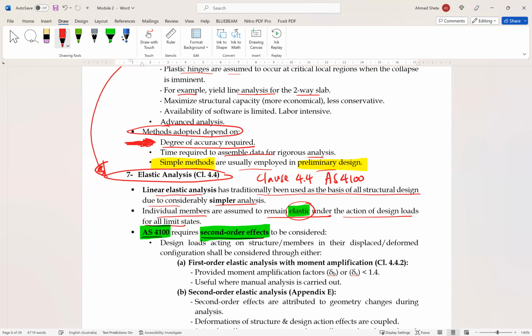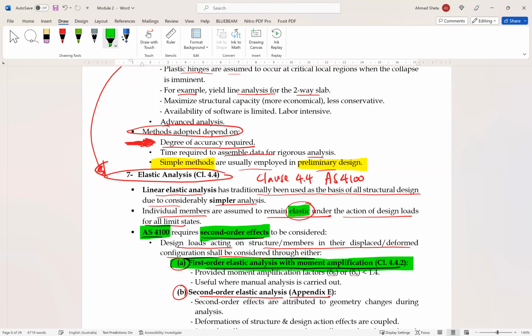So the design load acting on a structure in its displaced, deformed shape configuration shall be considered through either first order analysis with moment amplification factor or second order elastic analysis in Appendix E. So we have two methods of second order effects introduced by the Australian standard.